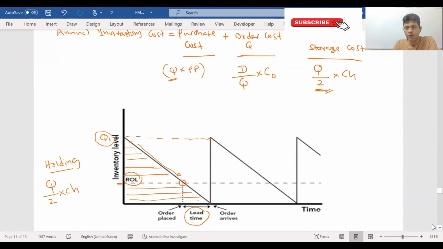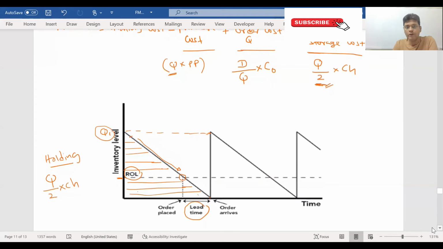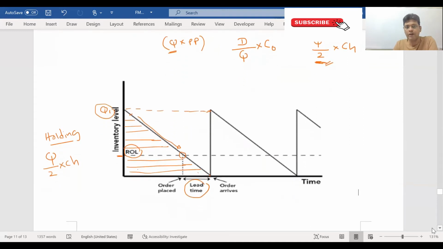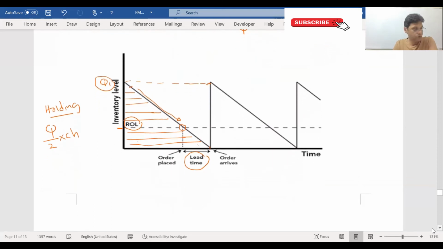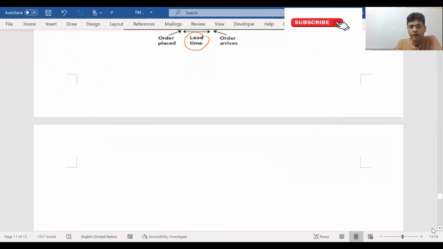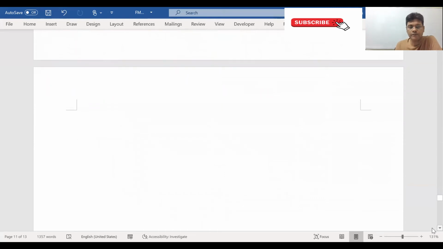So when you take this formula and simplify, how do you calculate the optimum quantity to be ordered? Let me take an example.